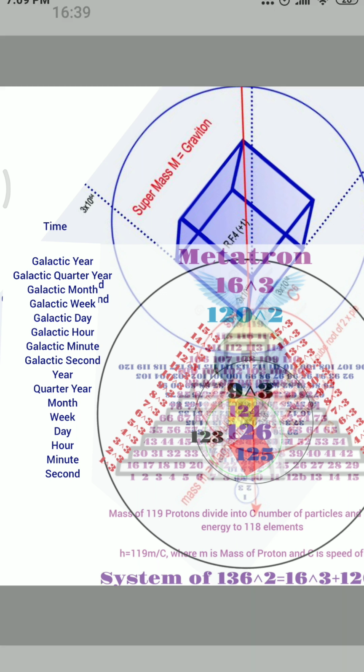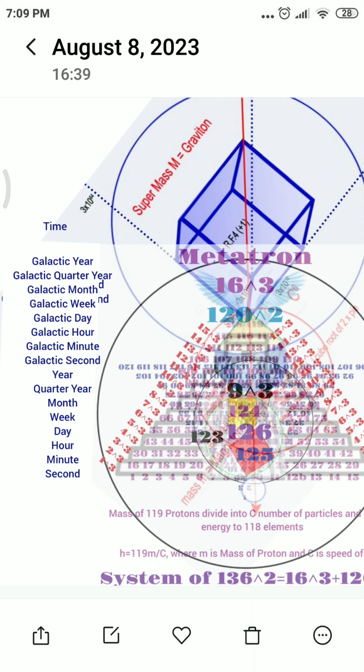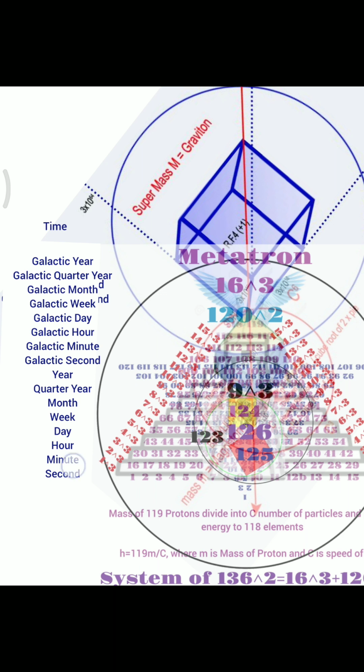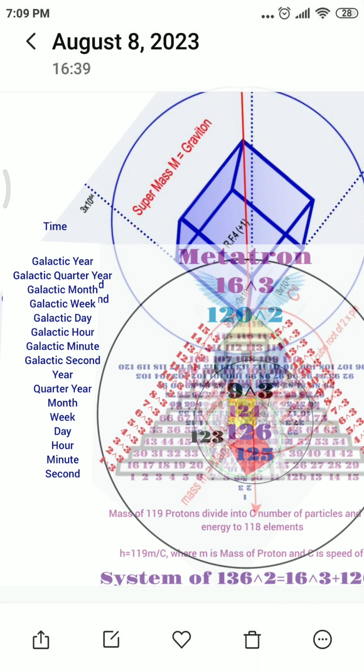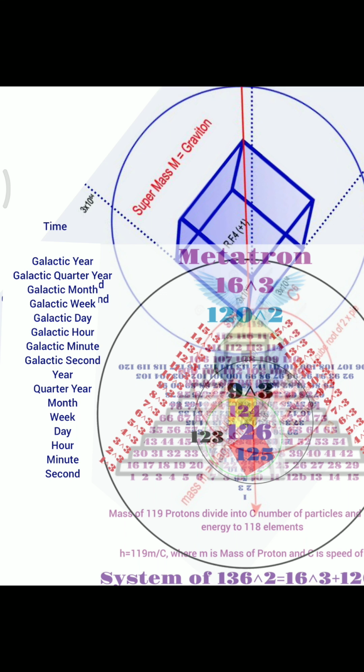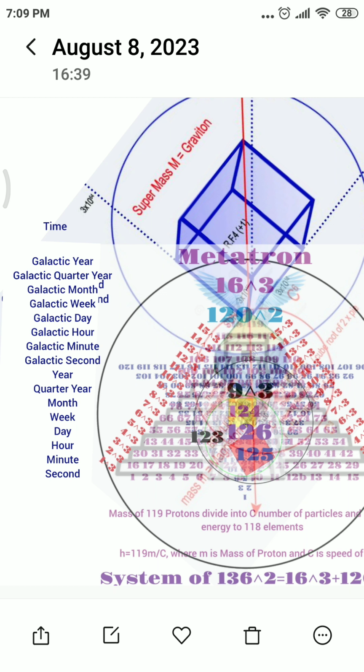That's the stage where the quantum world starts and quantum entanglement happens. That's where we have the second. Next to that, let's say at 120, the neutron level, we have the minute. At 121, we have the hour. And then we go with the increasing levels of the pyramid, the energy providers.